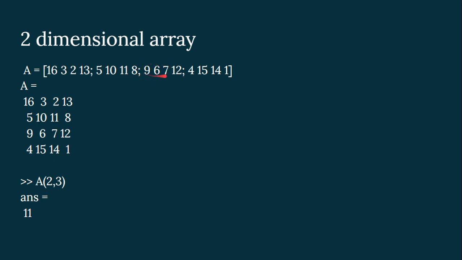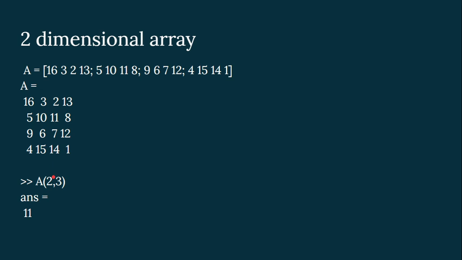So every block is terminated by a semicolon. So there are 4 blocks, which means there are 4 rows. This is the way the array will be defined. The first block 16, 3, 2, 13 comes in the first row, the second block comes in the second row, the third block comes in the third row, and the fourth block comes in the fourth row. So this is the way to define a 2-dimensional array in Matlab.